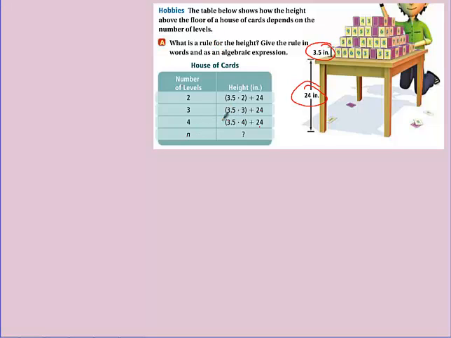Well, if we had n here, you're following that pattern, going 2 to 3 to 4. So if we plug n in for that, the pattern is going to be 3.5n plus 24. There's the pattern. Instead of going 2, 3, 4, follow the pattern, it's going to be 3.5 times n plus 24. Give the rule in words and an algebraic expression.